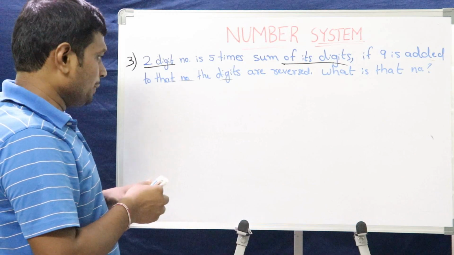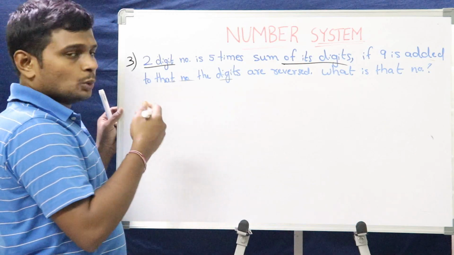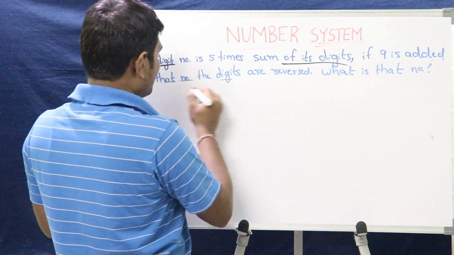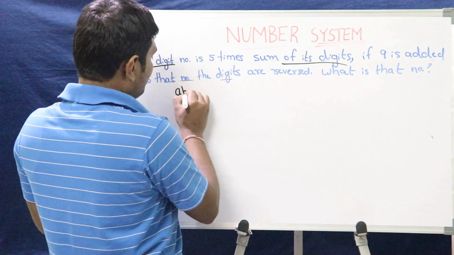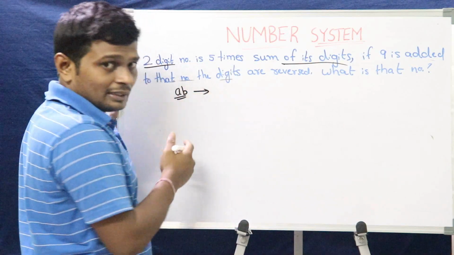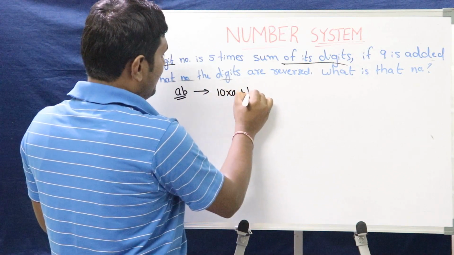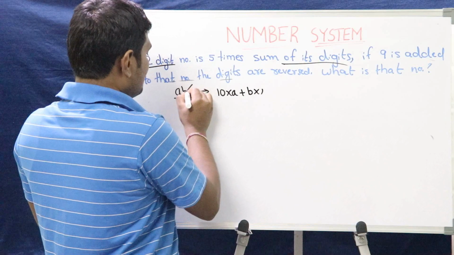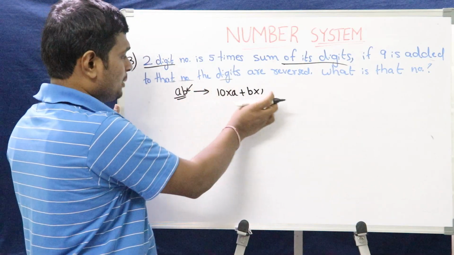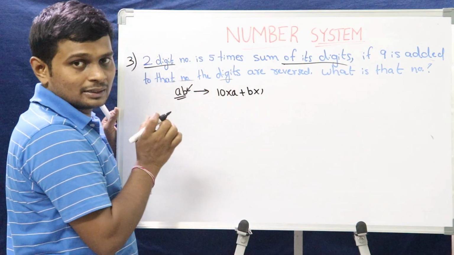I hope you all know, if it is a 2-digit number, how we can write that one? Let's assume the number is AB. This number AB can be written as 10 into A plus B into 1. Why? Because B is in the ones place and A is in the tens place, right?